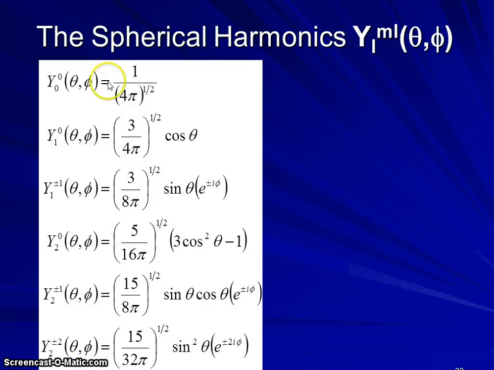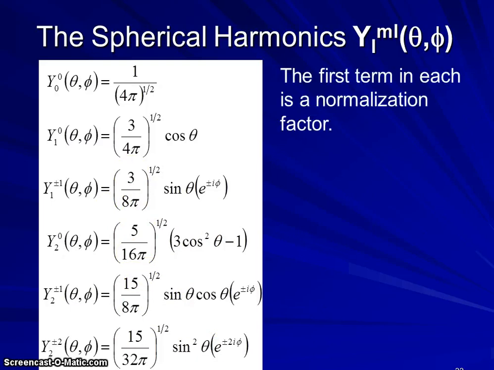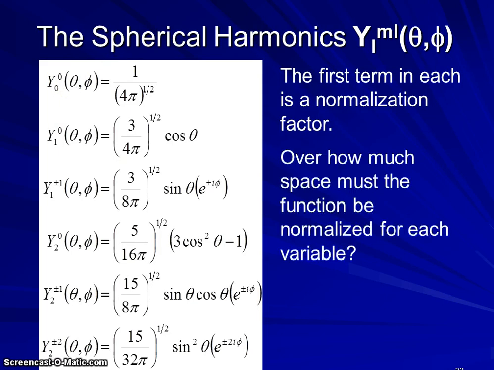What I've got listed here is the form of the spherical harmonics, what these functions actually look like to satisfy these equations. The first term in each is a normalization factor. Notice that's all that's present when m sub L and L are both 0. The other question that we'll talk about in class is how much space do we have to normalize each of these functions about.